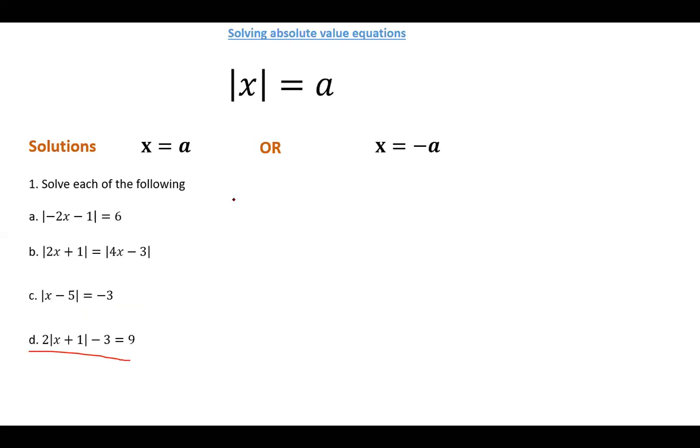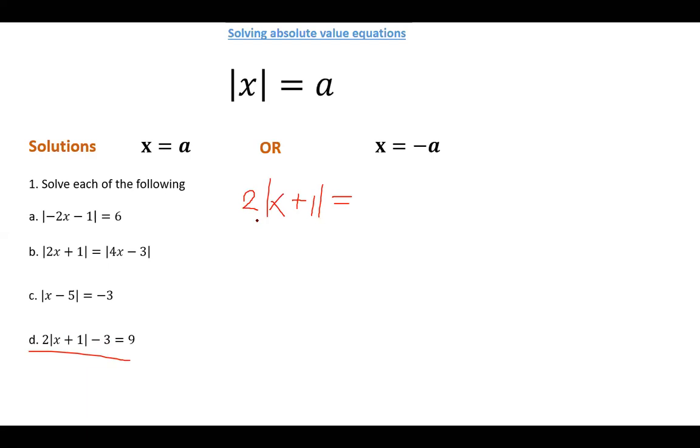So what do I mean by simplifying? The 3 first crosses the equal sign, then we're just going to remain with 2, and then in absolute value we're going to have this x plus 1, like that. This is equal to 9. When this 3 crosses the equal sign, rather you find the additive inverse of 3.